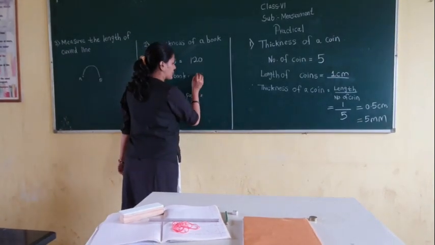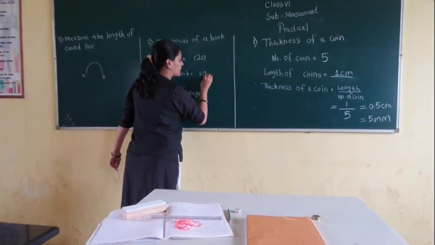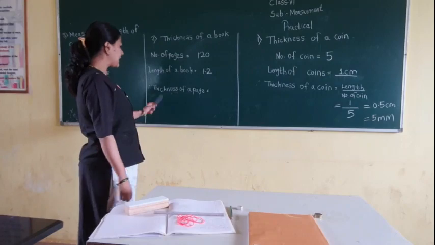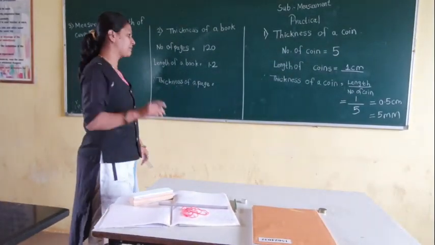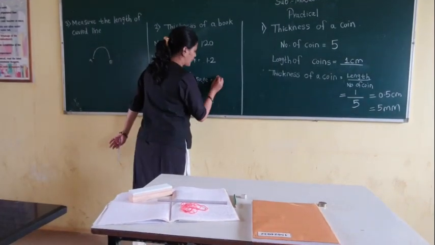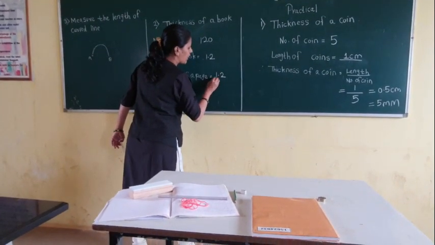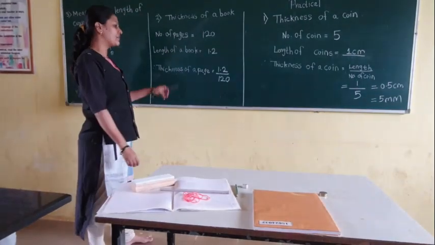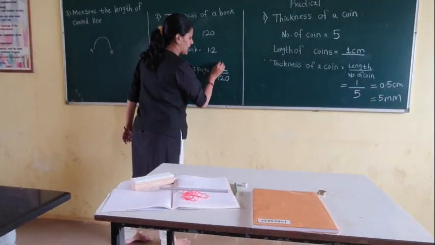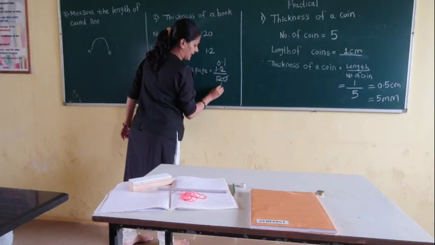And the length of this book is 1.2. Similarly, we want the thickness of 1 page. So the length of the book is 1.2 upon 120. Are you getting it? When you solve, it will come 0.1 and 10.